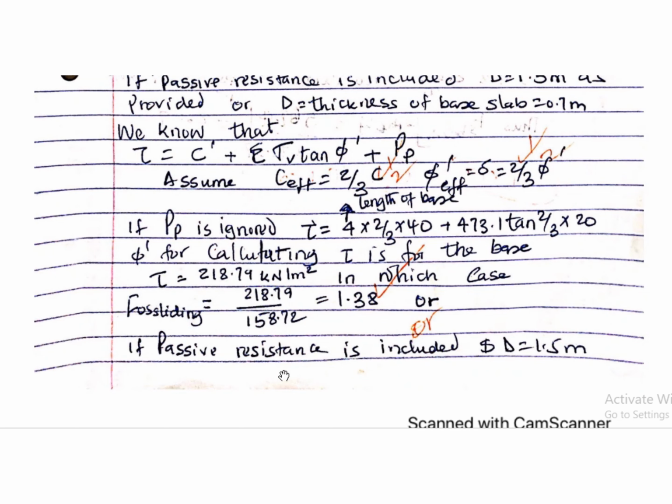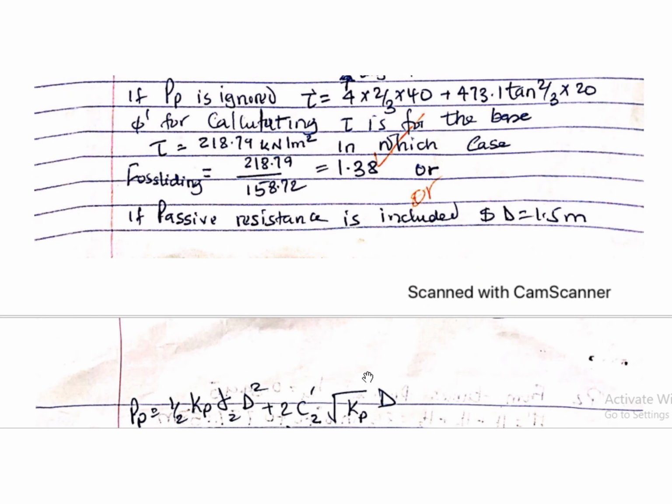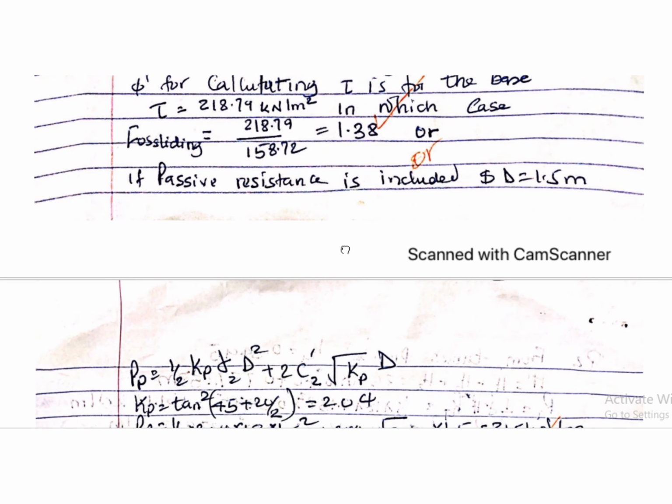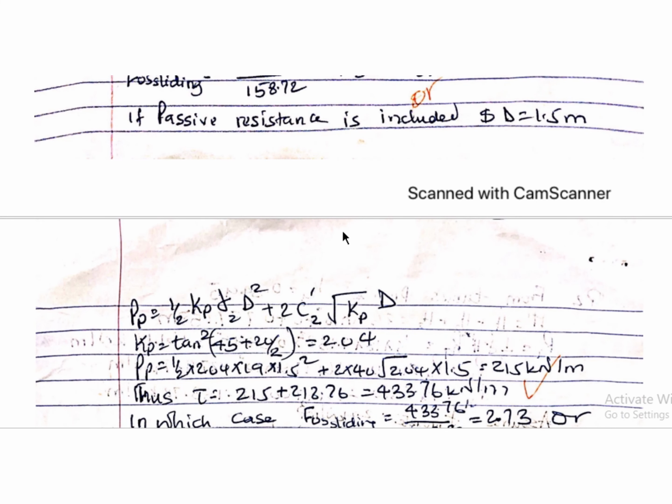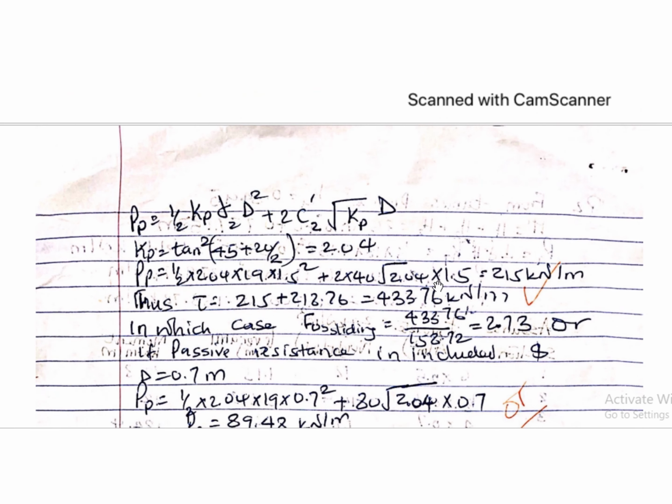Again, if we assume that passive resistance is included and the depth is 1.5 as given in the diagram, then of course the calculation for the other parts is the same.